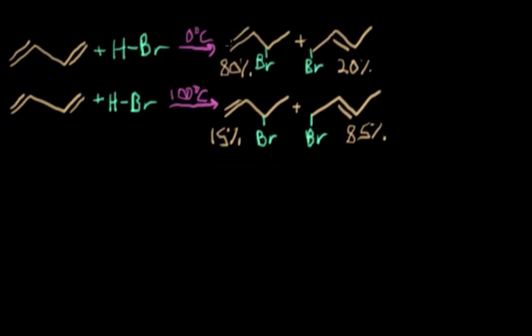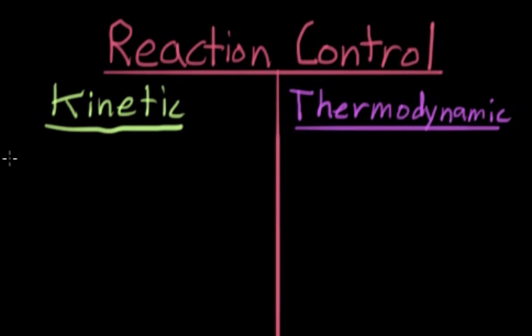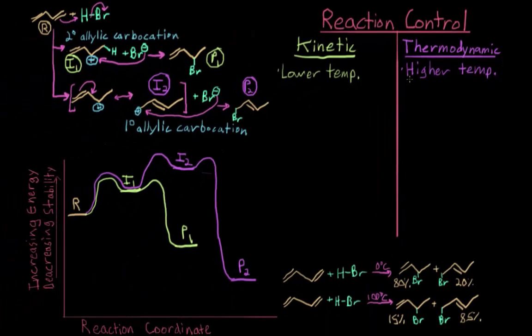We get more of product 1, which is our kinetic product, formed at the lower temperature, and more of product 2, which is our thermodynamic product, formed at the higher temperature. So kinetic control happens more at lower temperatures, and in the same vein, thermodynamic control happens at higher temperatures. We'll see the reason for this in just a second.